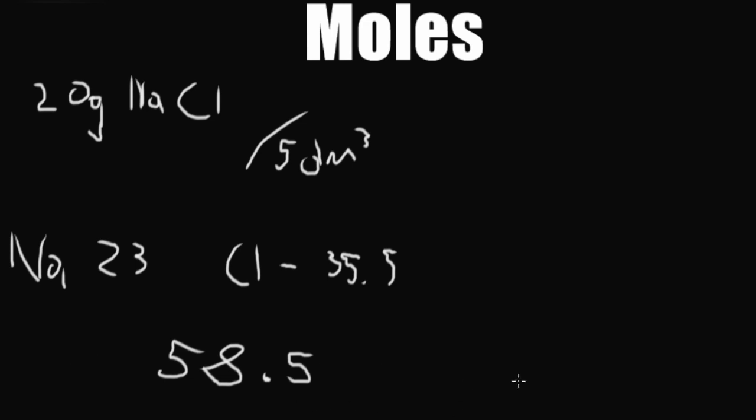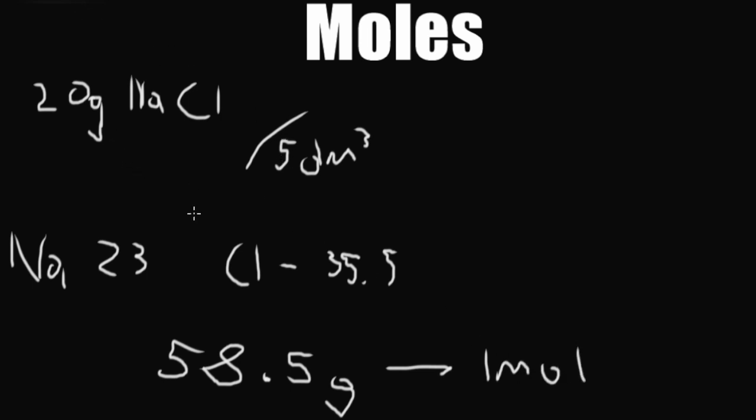And as we learned in the first video, the numerical value of the relative formula mass, or RMM or RAM, of a given element or chemical is going to be the same numerical value of the number of grams which contains 1 mole. So now we know that 58.5 grams of sodium chloride contains 1 mole of sodium chloride molecules.